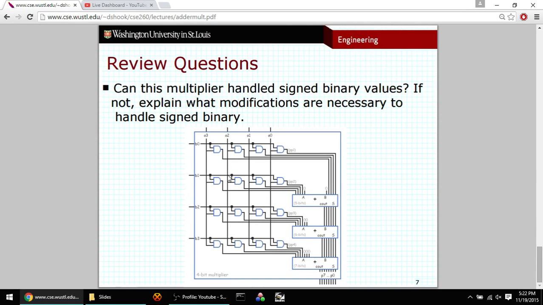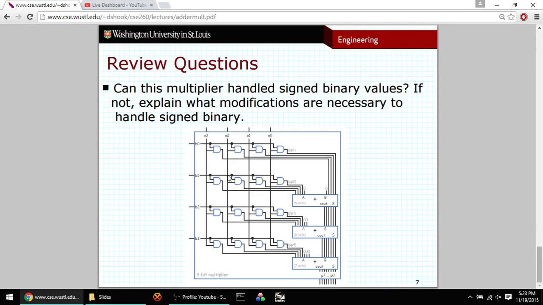So we have to take 2's complement of this and then add. So that's going to be 0, 0, 0, 1, 1, 1, 1, 1. Flip everything. No, that's not right, is it? That's not right. 3 zeros, a 1, and then 4 zeros. Thank you.